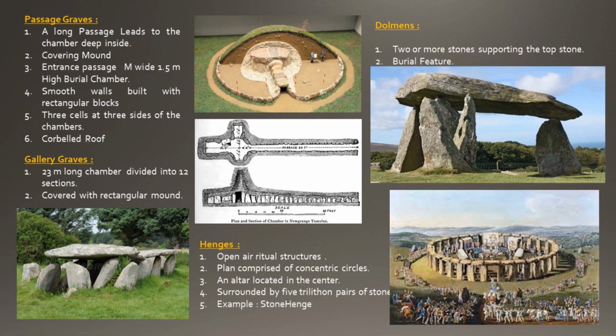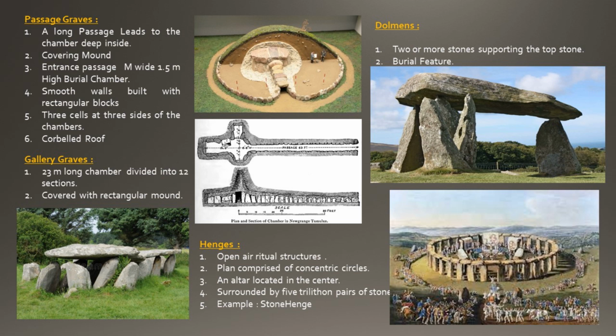For the passage graves, a long passage leads to the chamber deep inside. Entrance passage is 1 meter wide and 1.5 meters high. Smooth walls built with rectangular blocks, with 3 cells at the sides of the chamber and a corbelled roof. Gallery graves have a 23 meter long chamber divided into 12 sections covered with a rectangular mound.